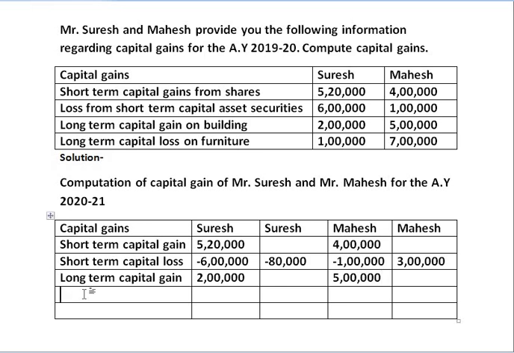Now we have to set off the loss against the profits. We are given long term capital loss also. Long term capital loss, Suresh it is 1 lakh, Mahesh it is 7 lakh.